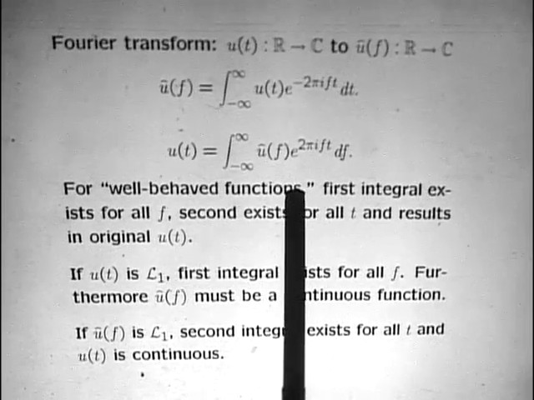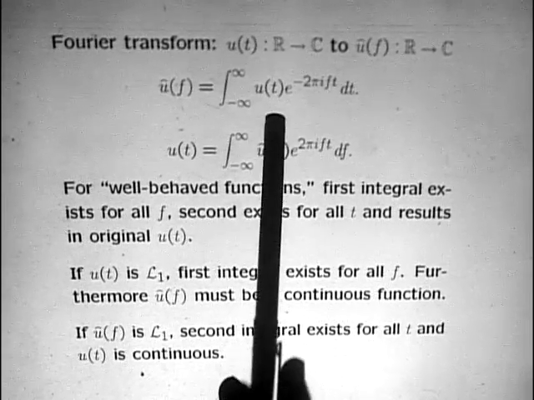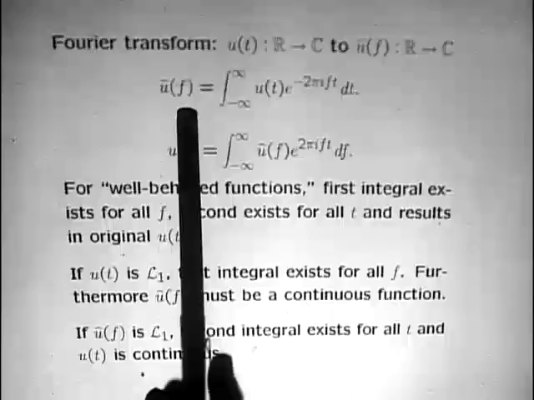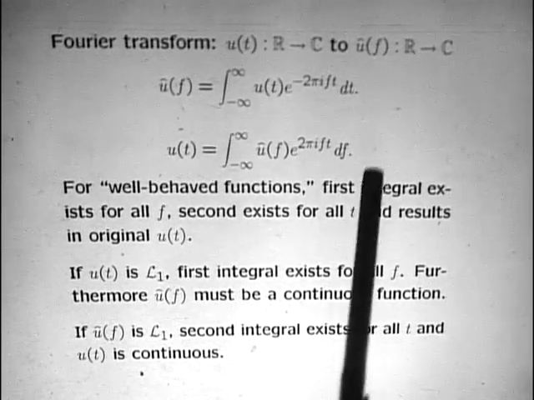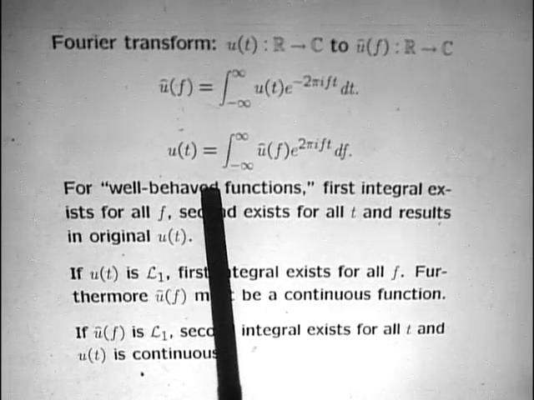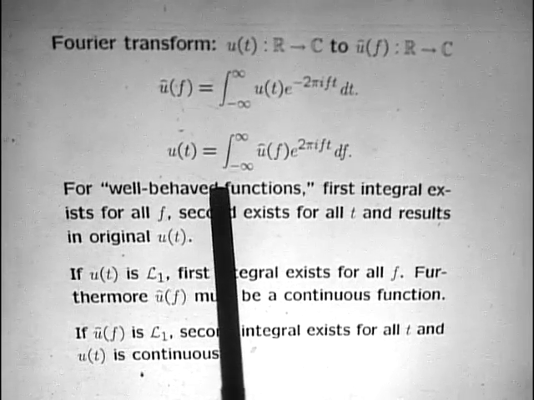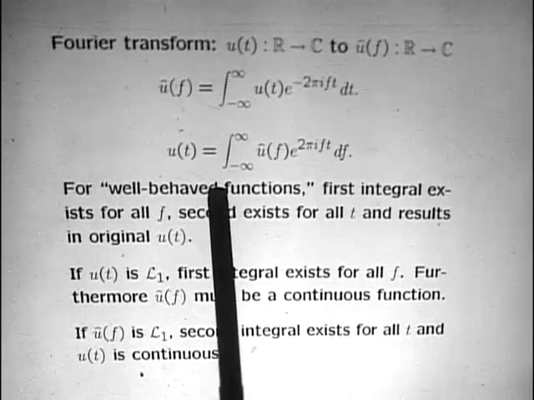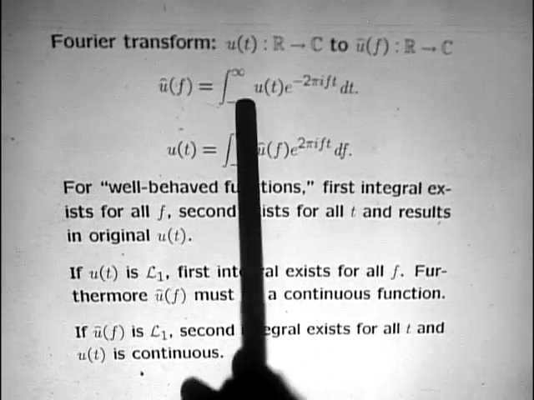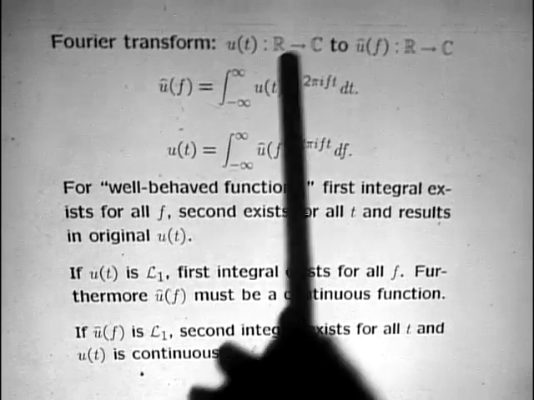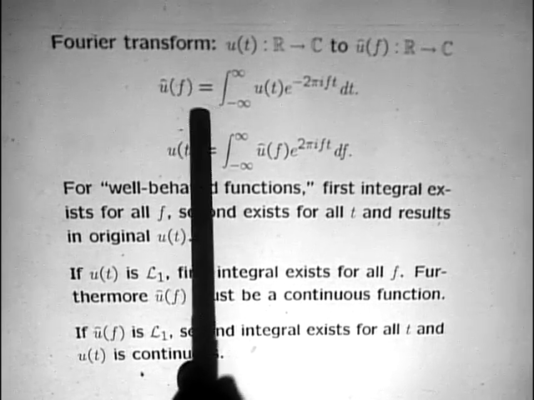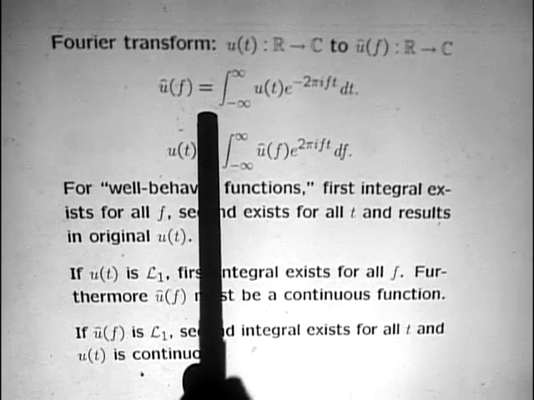What's hidden here is that if you start with u of t, you then get a function of frequency, and this sort of implicitly says that you get back again to the same thing you started with. And that, in fact, is the most ticklish part of all of this, so that if we start with an L1 function, u of t, we wind up with a Fourier transform u hat of f.